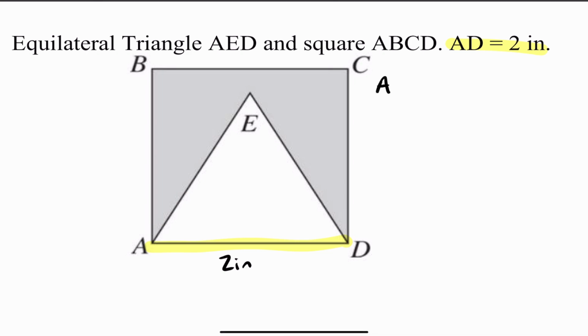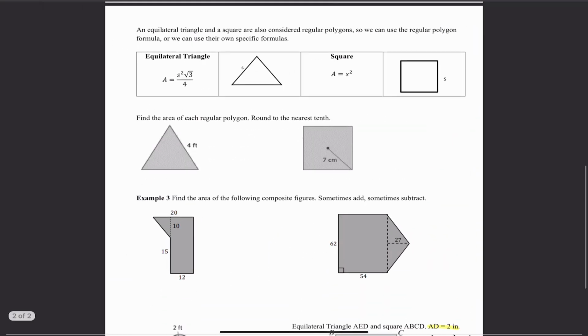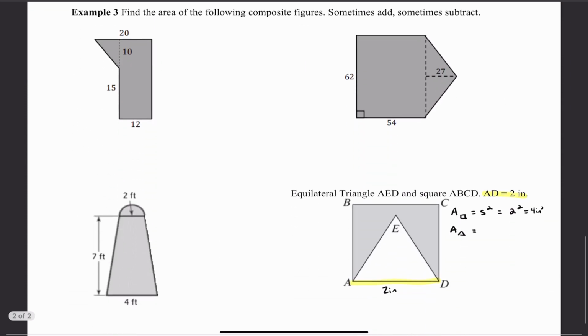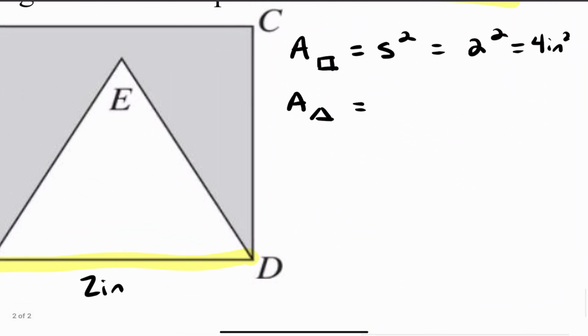So, the area of the square is equal to side squared, or 2 squared, which is 4 inches squared. And to find the area of the equilateral triangle, let's do that. So the area of the equilateral triangle is equal to side squared root 3 divided by 4.